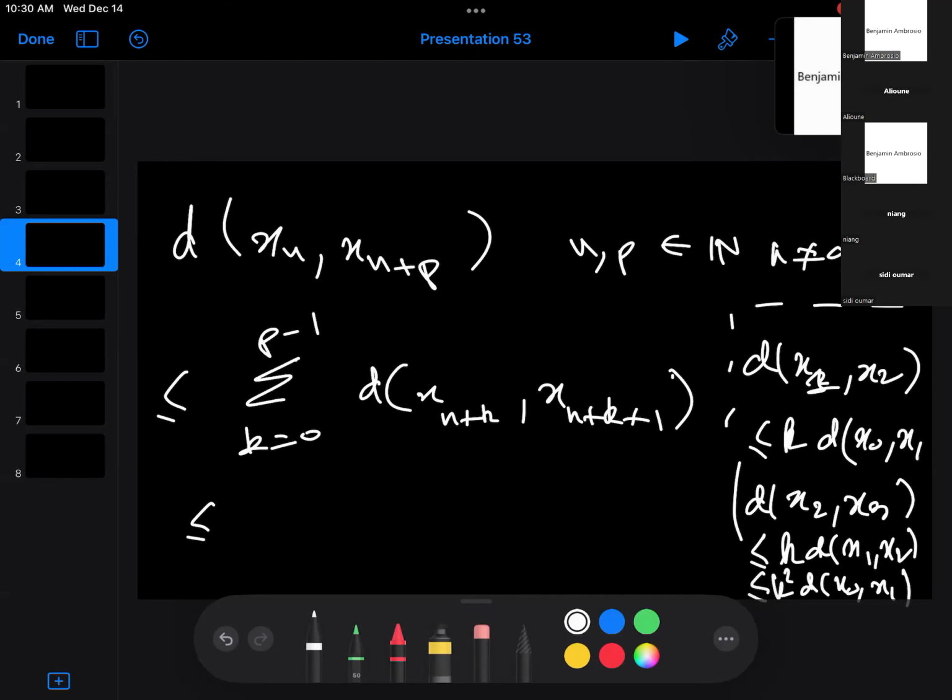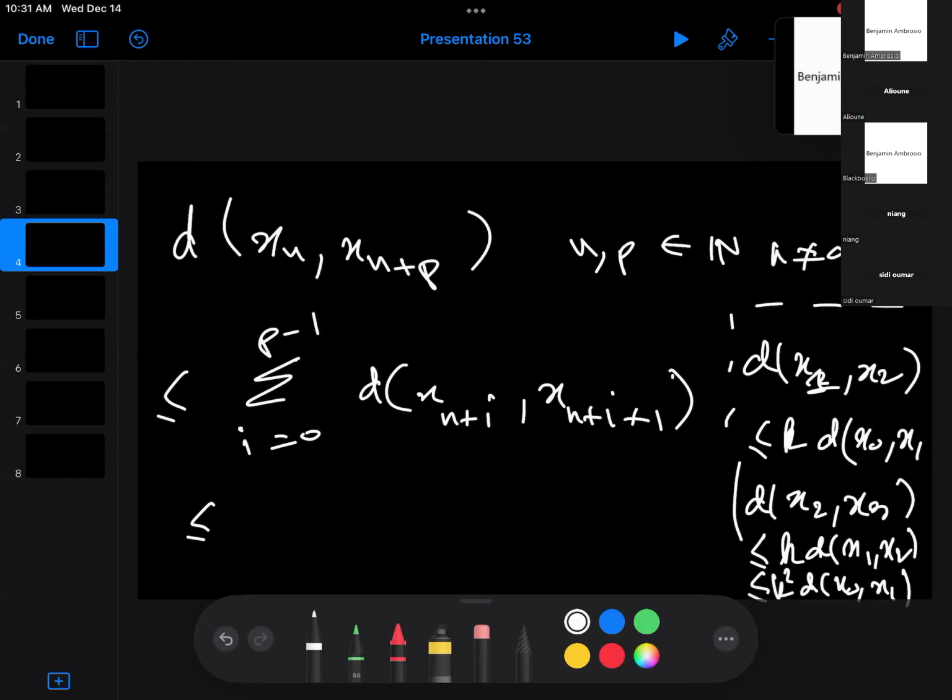So here I start at x_n. I can obtain an estimate here for k. K is not good because k is my contraction coefficient, so I will replace it by i.